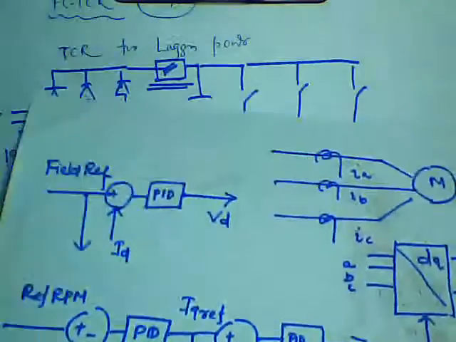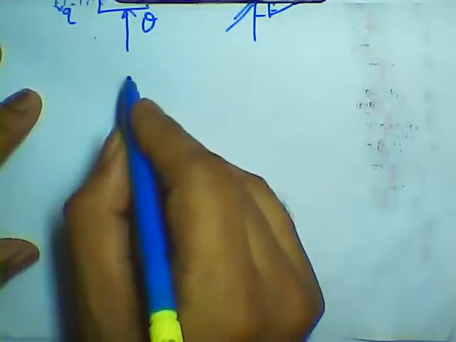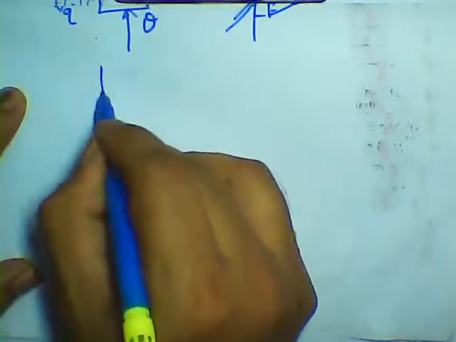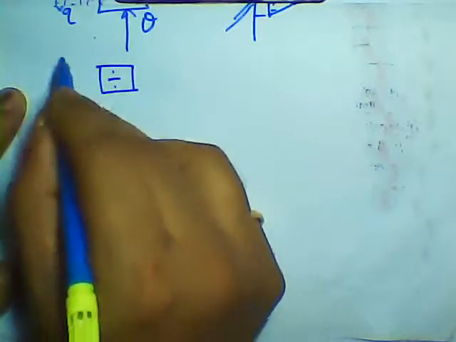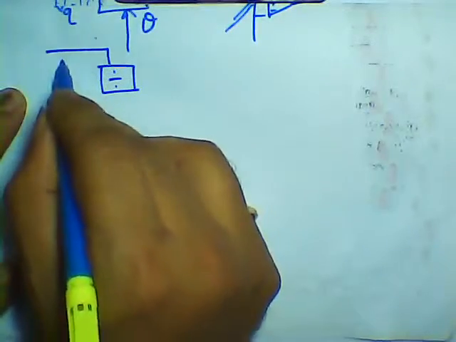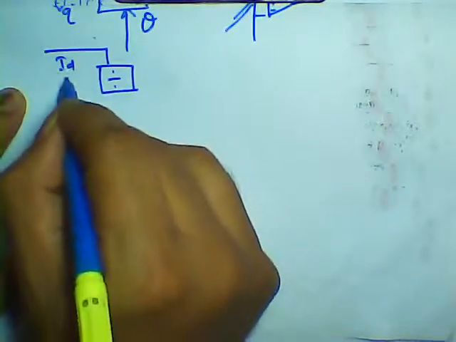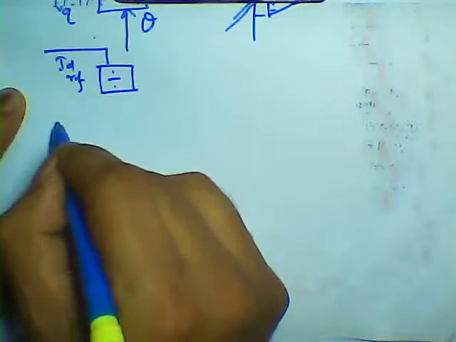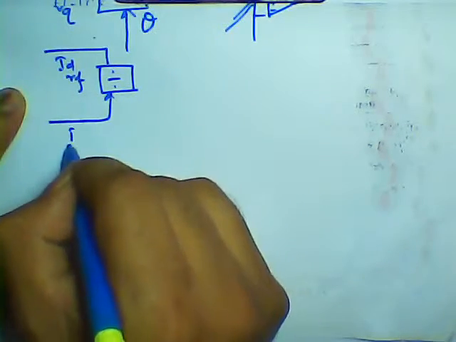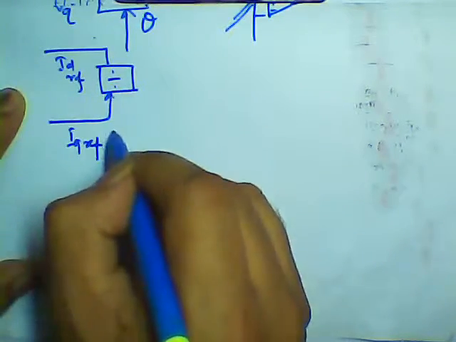If you divide both, that calculation I will tell you later, so this is a divider. Here is coming my ID reference, meaning field reference, and here it is coming IQ reference, that is my torque reference.